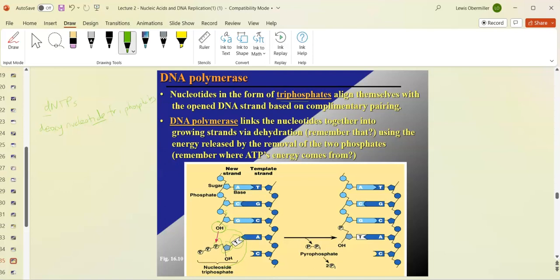And then again, it provides another 3' hydroxyl group here after it's incorporated. This is cleaved off. This is where the energy comes from, just like your ATP energy comes from the same source. And hopefully that's just a review. So the energy of cleaving these phosphates off to make it a monophosphate and then get incorporated into this dehydration reaction allows the polymerase to move forward. And that's where the energy comes from.